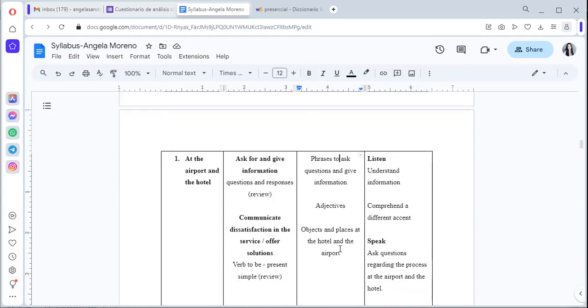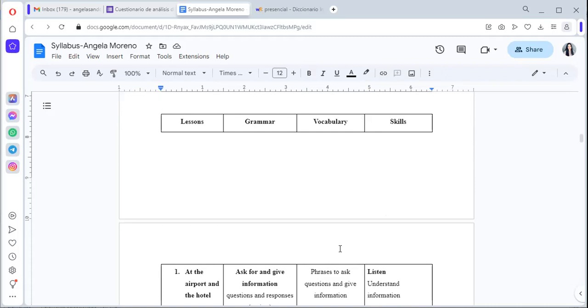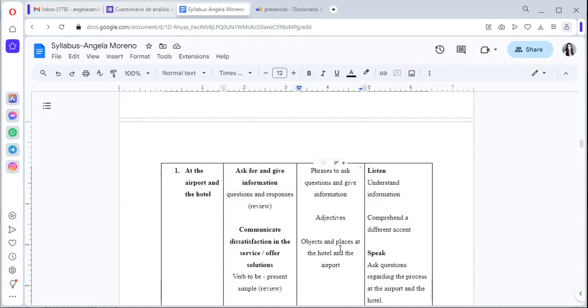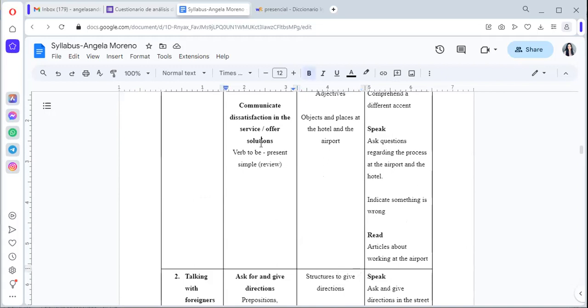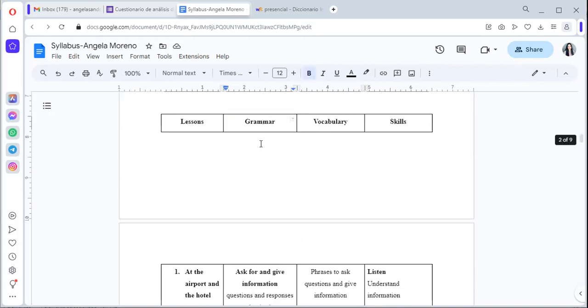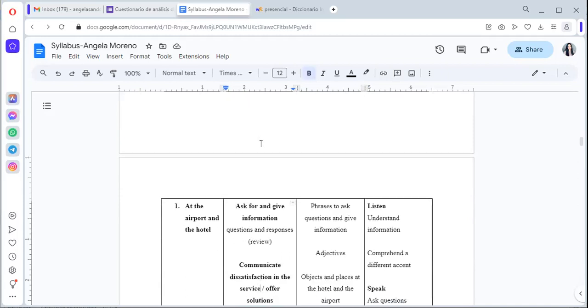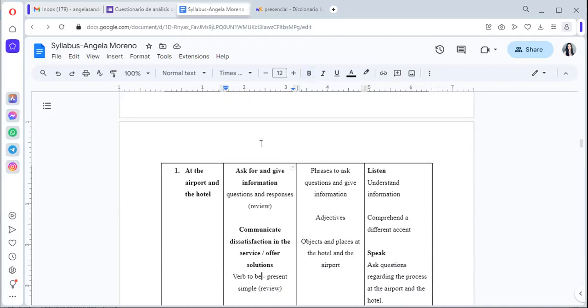Okay, the syllabus is divided in 3, let's say, categories, which are grammar, vocabulary, and skills. Okay, in lesson 1, in the grammar part, we have ask for and give information, questions and responses, which is review. I mean, there's question structure and responses because, of course, the student has previous knowledge of the language.